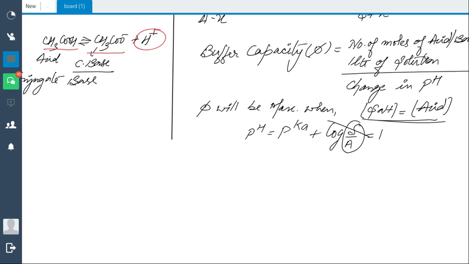Log of 1 is 0, so this becomes 0. So pH becomes equal to pKa, and pKa is a constant. So pH becomes constant, which means there is no change in pH. When the change in pH is 0, buffer capacity will become infinite. Right? So they have asked this question in the exam. That's why I said, please note it down.